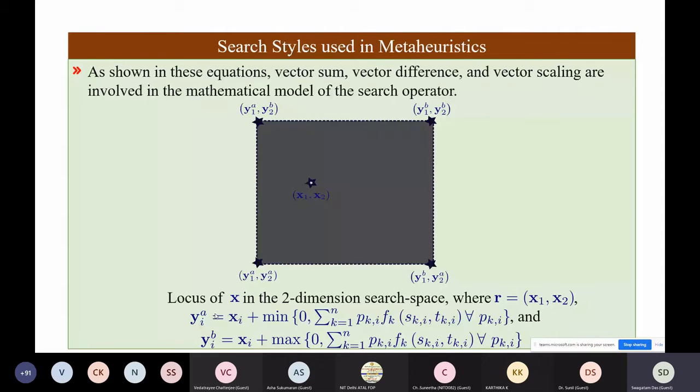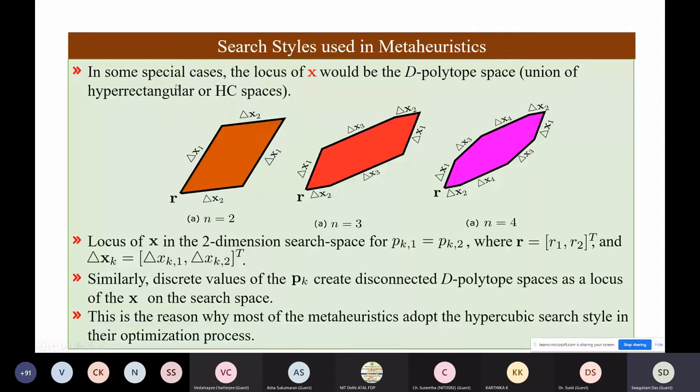In some special cases, we are assuming that we have only one first order difference operation here. The locus of x here essentially means the entire region in which x can be, the entire area which could be spanned or swept out by x. So in some special cases, the locus of x would be the D polytope space.